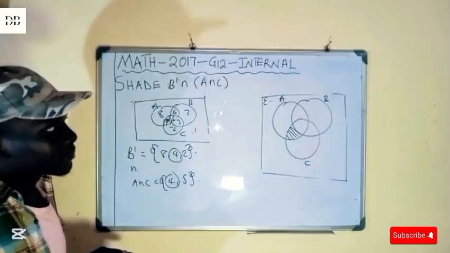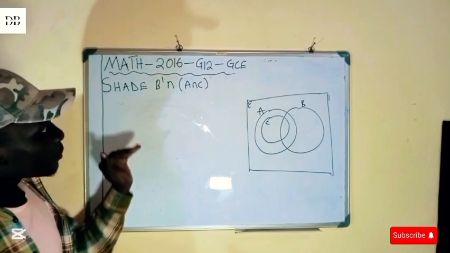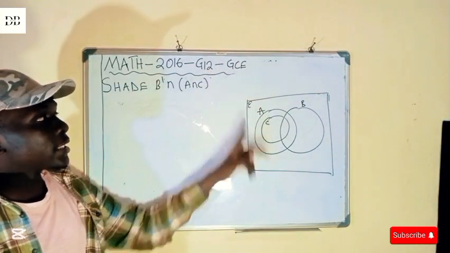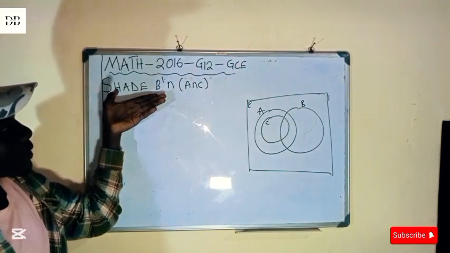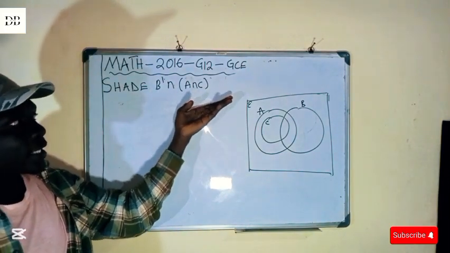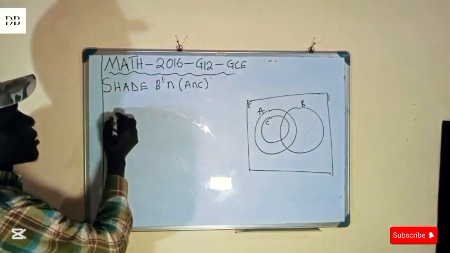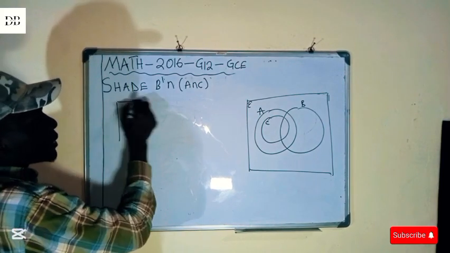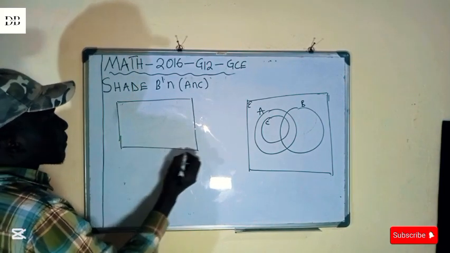Then we're done. So this will be our final example coming from 2016 past paper GCE. So it's B complement intersection A intersection C. So first find out B complement, but first we can rewrite the Venn diagram.